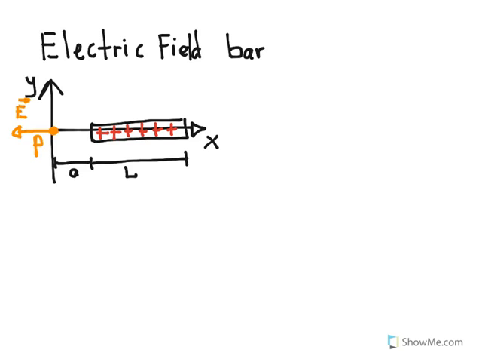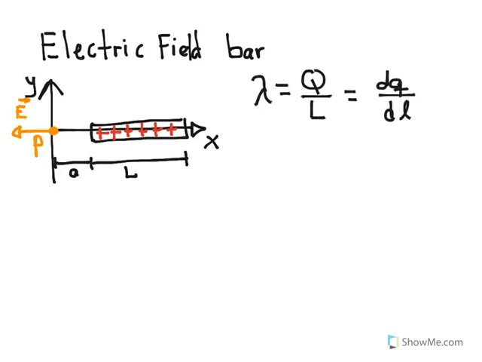which has length L. It is convenient to define a density of charge, and we're going to call this lambda since it's a linear density of charge. It is equal to the total amount of charge in the bar over the length, but it's also defined as a small piece of charge, which we call a differential of charge, over a differential of length.